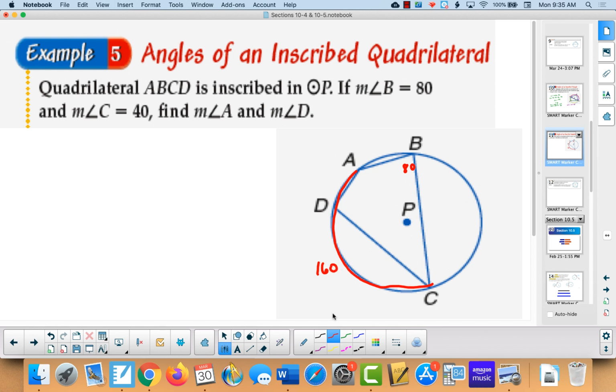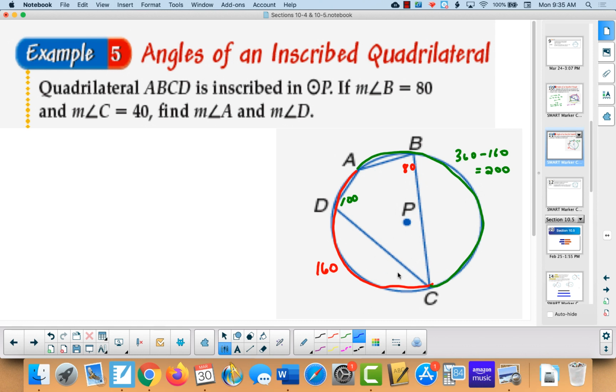Well, angle D's intercepted arc is the rest of the circle. So 360 minus 160, which is 200. Angle D is going to be half of that, so that's going to be 100 degrees.